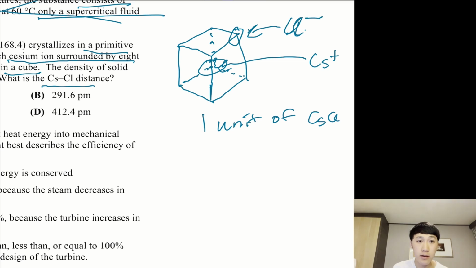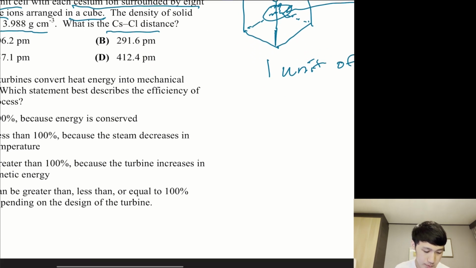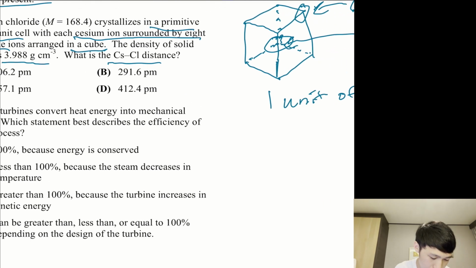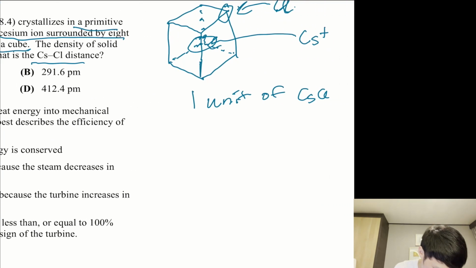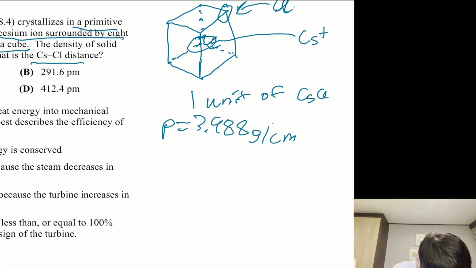All right. Now what they're asking us to find is the Cs-Cl distance. The way we're going to do that is by working out the dimensions of the cube. To do that, let's use the density. Rho, our density, as I mentioned before, is 3.988 grams per centimeter cubed.